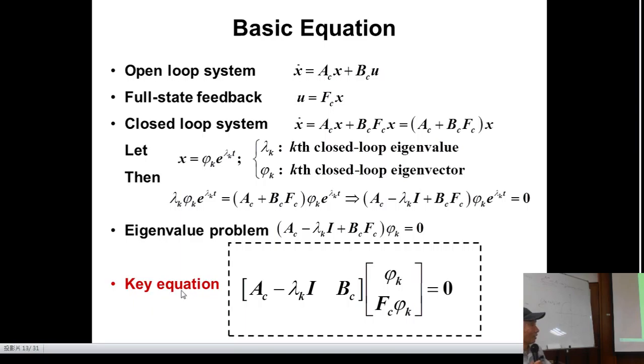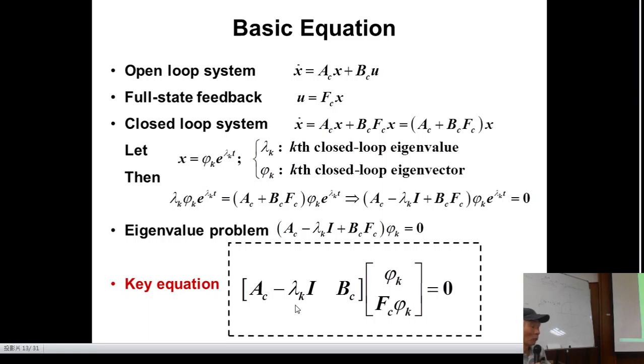The key equation. If AC is 10 by 10, how many key equations do you have? How many eigenvalues do you have? 10, right? So you're supposed to have 10 key equations. Agree?